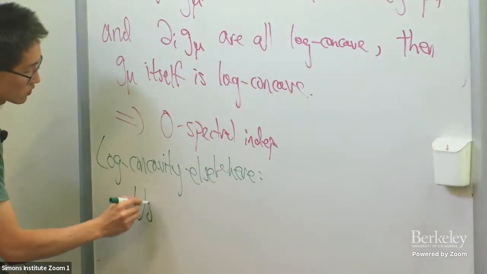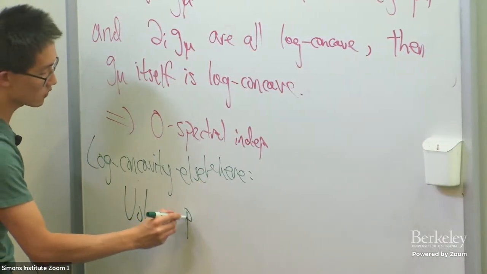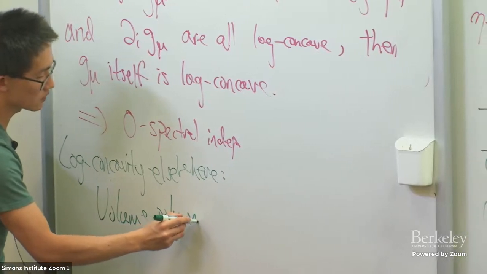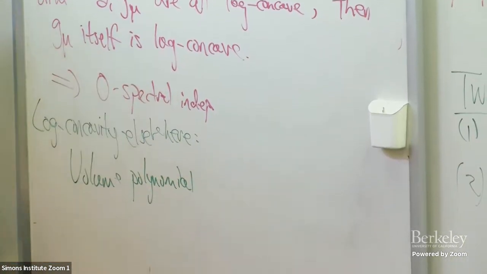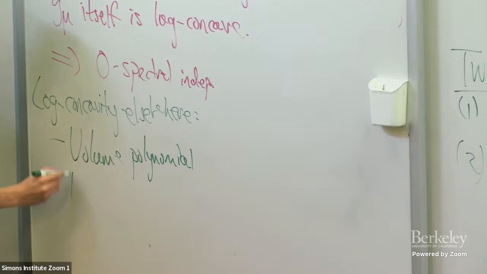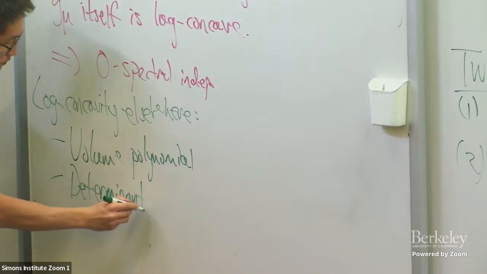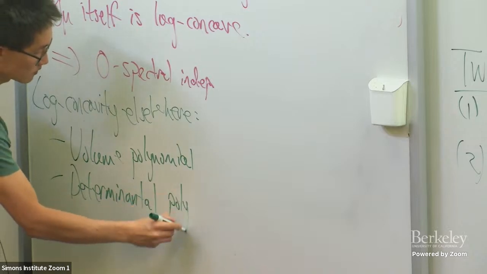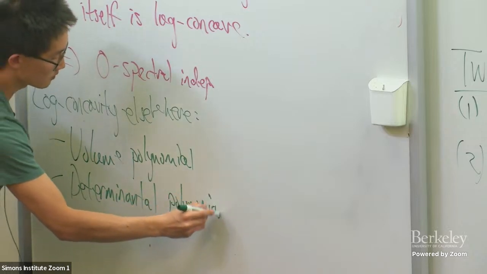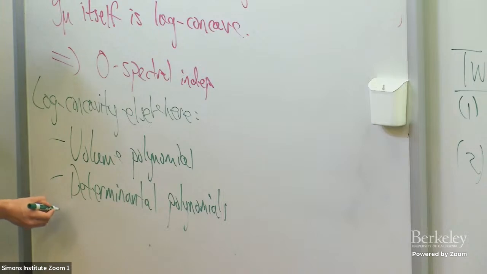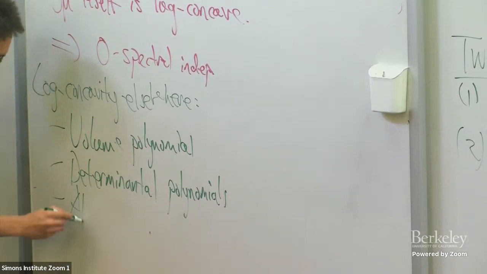We get volume polynomials. I won't define exactly what they are, but these are very classically studied polynomials in convex geometry, and also determinantal polynomials. They have a lot of applications in algebraic combinatorics.